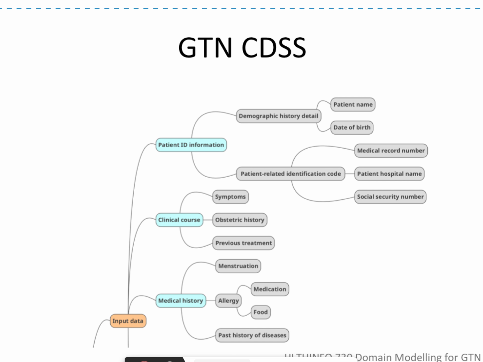And patient's symptoms, such as bleeding, pain, and other complaints, as well as obstetric history and previous treatment, like failed chemotherapy, should be collected carefully because they are closely related with the diagnosis and treatment. The patient's medical history can help avoid some risks.